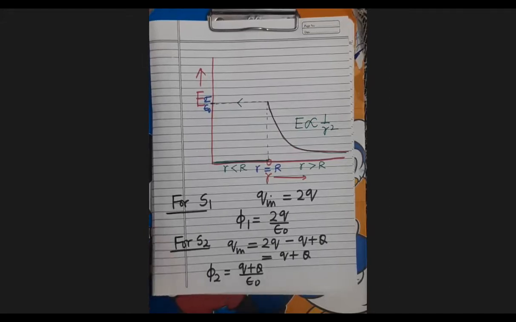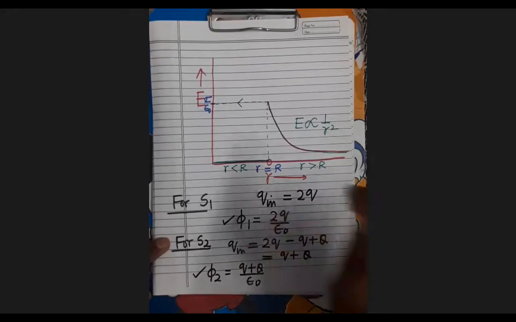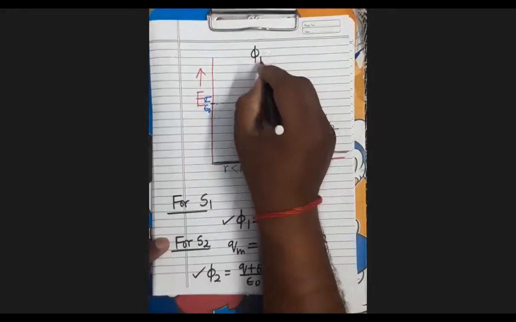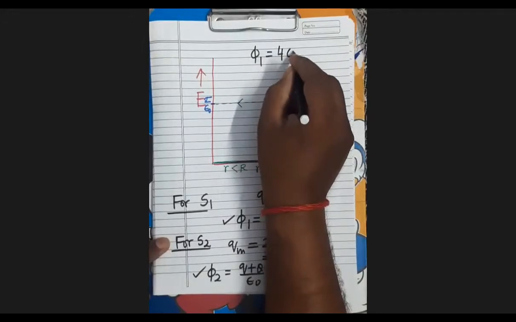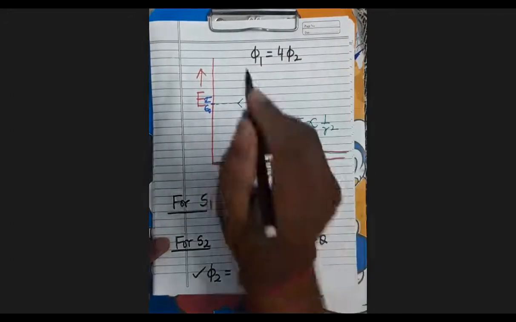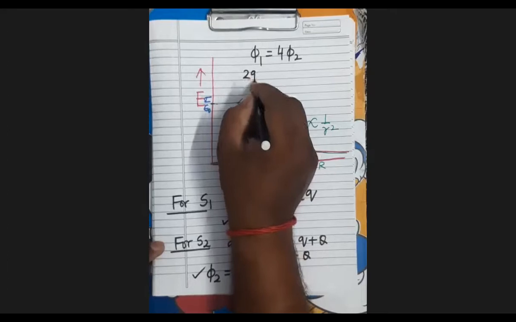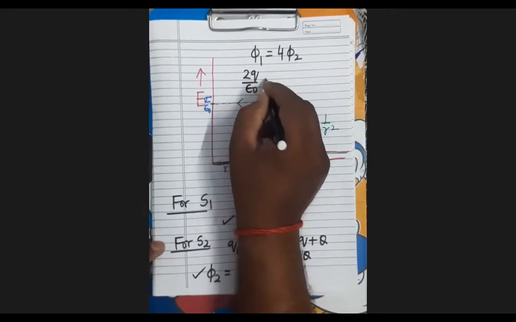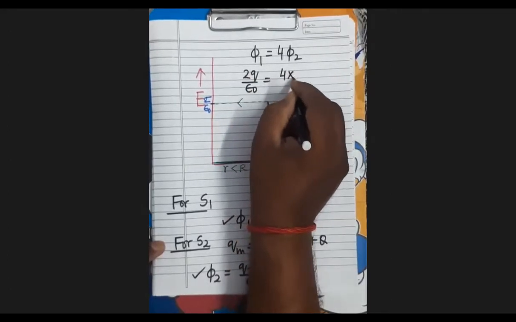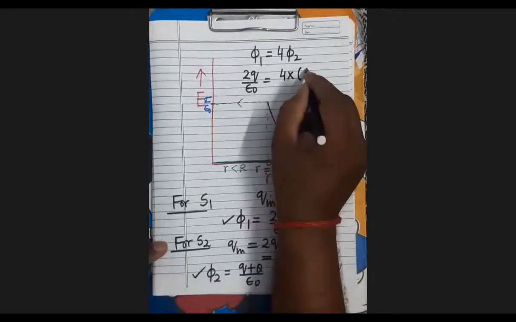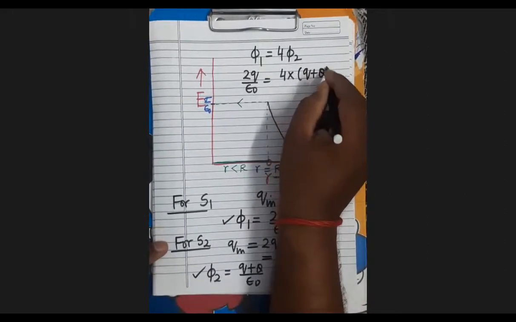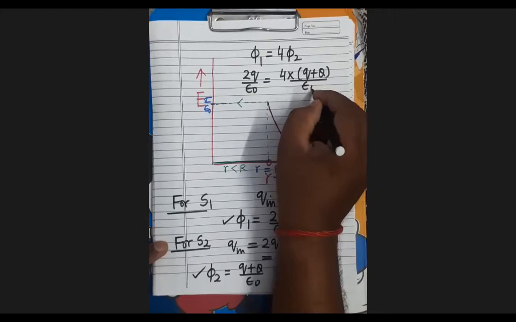Now in the question, what is given? In the question, it is given that this is 4 times of this. Phi 1 is 4 times of phi 2. So now you substitute: 2Q upon epsilon naught equals 4 into q plus capital Q upon epsilon naught.